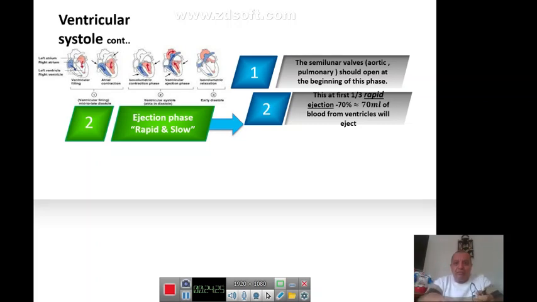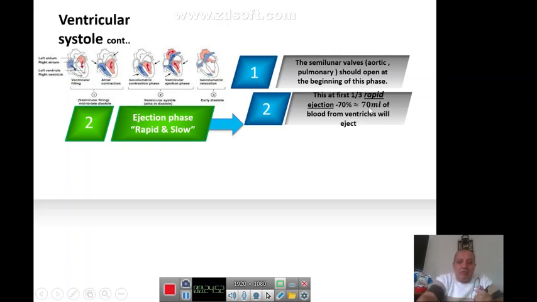So finally part of the blood, around 70%, will be ejected outside. So this amount is approximately around 70 ml of the blood. احنا قلنا انه الend diastolic volume كان 110 الى 120. اذا during the ejection, 70% of the blood will go out, around 70 ml.